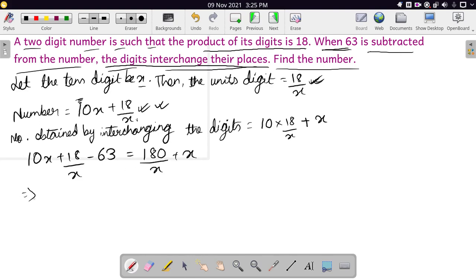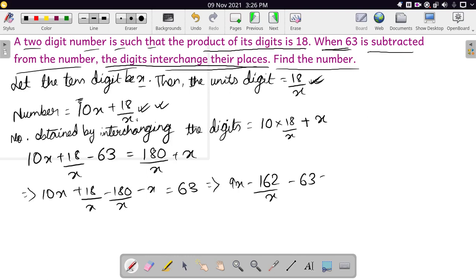So now we have to solve this. I'm just taking the LHS and the RHS, 10x minus x. I have grouped the like terms. What are the like terms? The x terms are the like terms over here. This is equal to 9x minus 162 by x minus 63 is equal to 0.